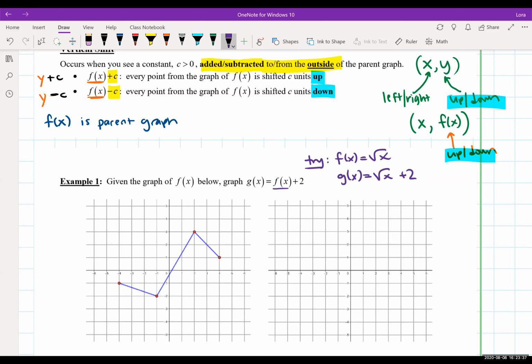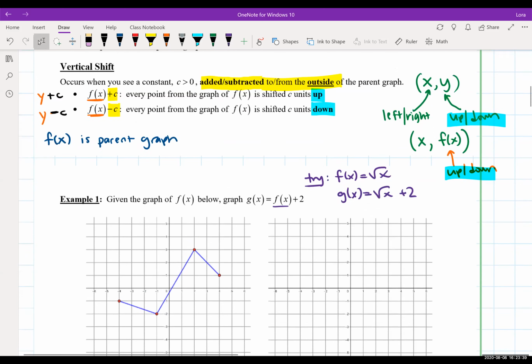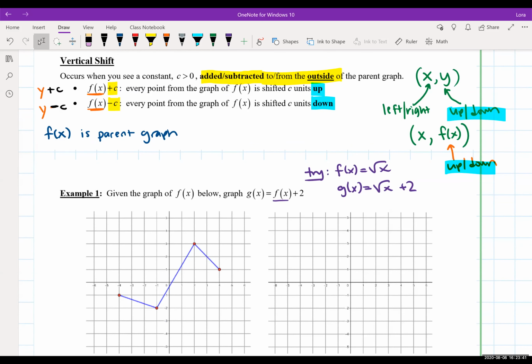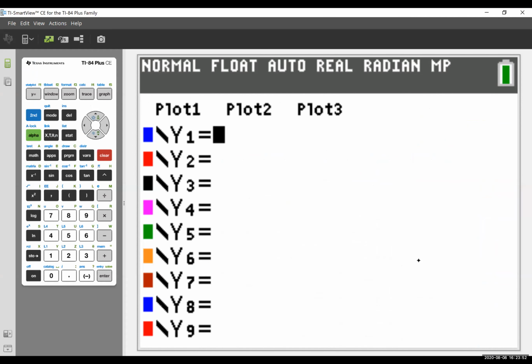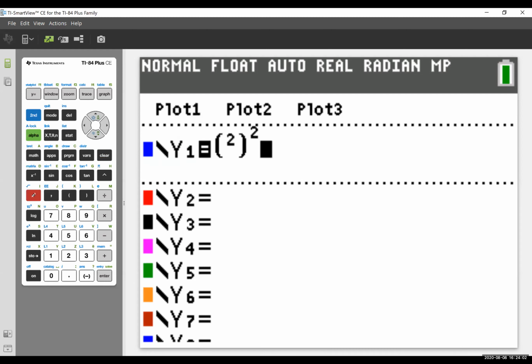Well, if you don't understand the pattern or you don't have it quite memorized yet, what you do is pull up the TI. And let's see if we can graph it and see what happens. So we'll do that together. And this is more of discovery. I know in part of the section, it's easier to type in the original functions into the calculator. But when you have these abstract examples, we kind of have to make that connection ourselves.